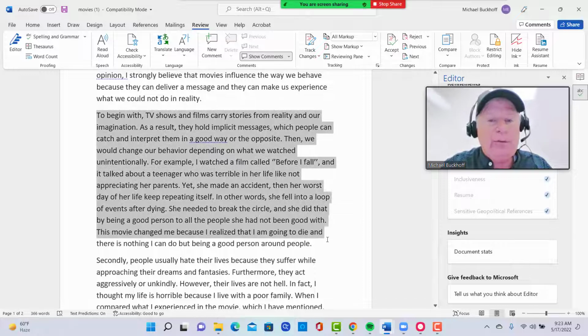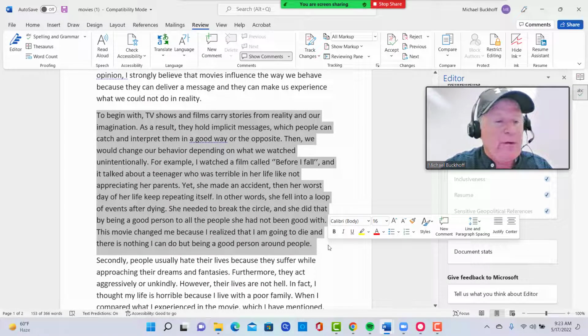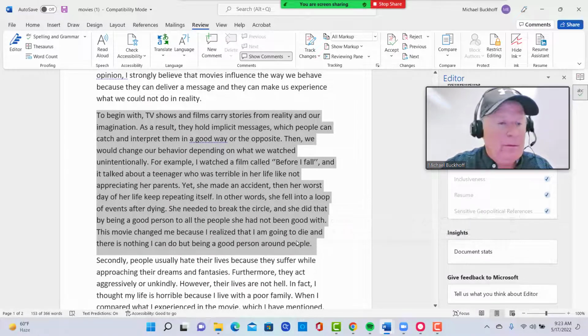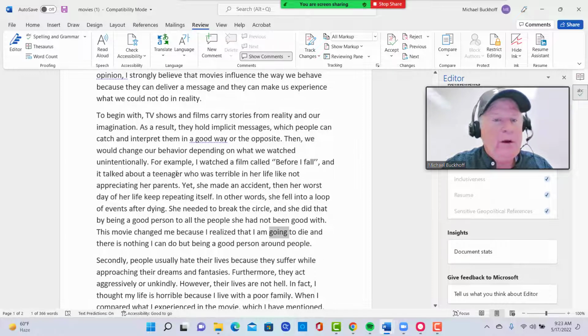Let's look at this second paragraph. I think 153 words is actually pretty good. Let's look at this. I watched a film called Before I Fall, and it talked about a teenager who was terrible in her life, like not appreciating her parents.